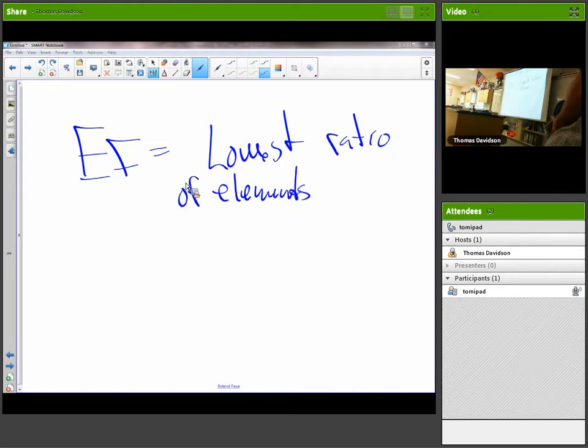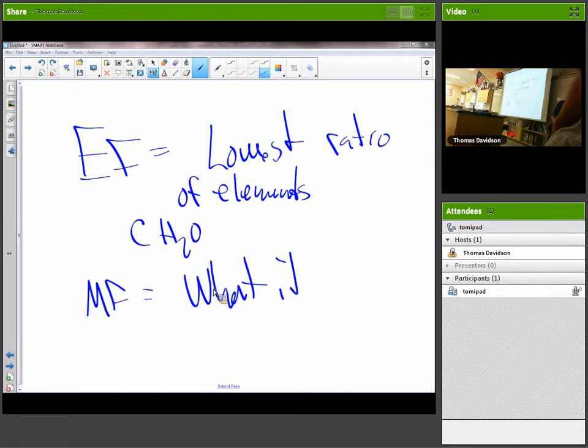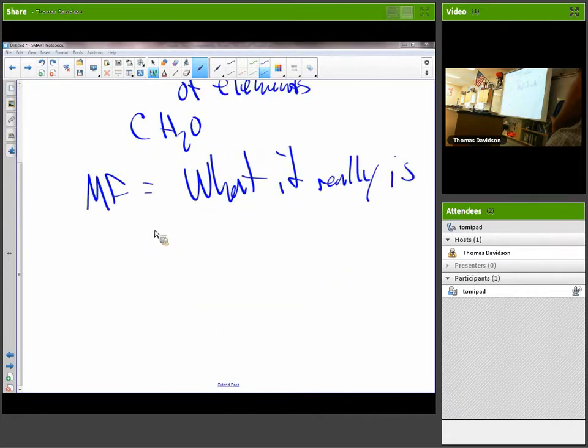So that would be like CH2O. Do you remember this? But the molecular formula is what it really is. So CH2O in reality is sugar, C6H12O6.